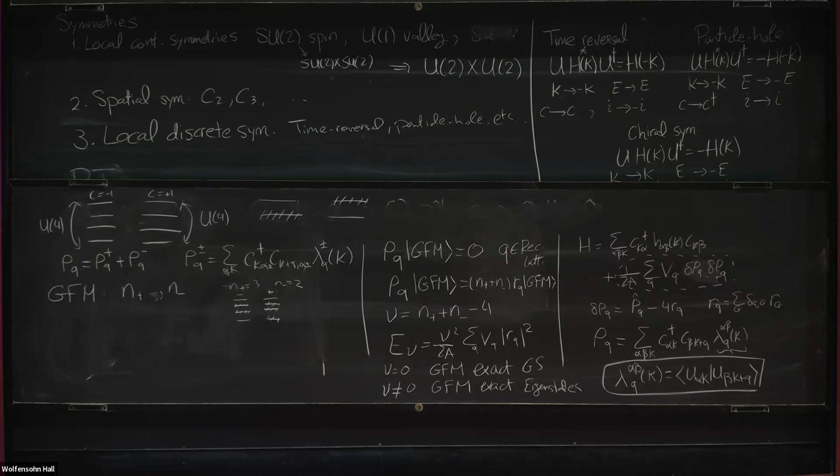And the dimension of this Hilbert space, if the number of states in a band is N, would be N to the power n_e plus n_h. But I also have momentum conservation, so it's minus 1.